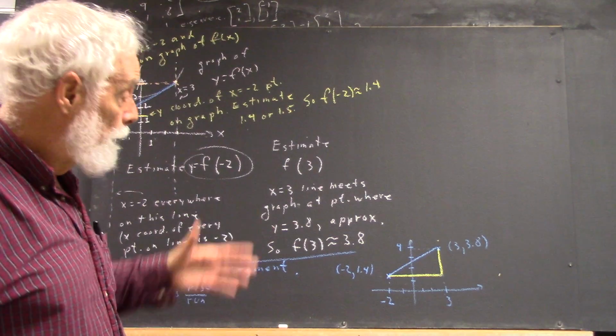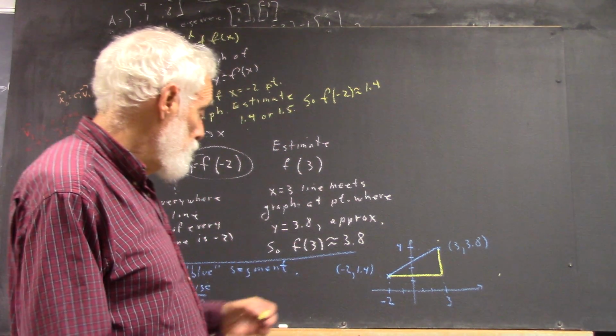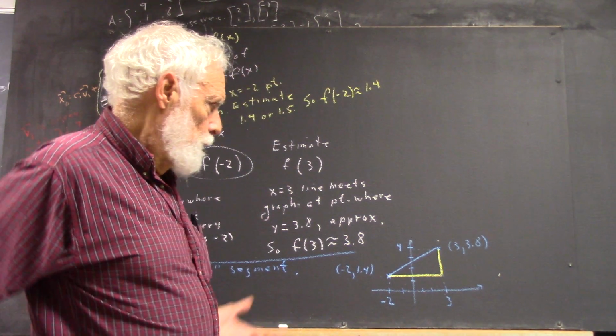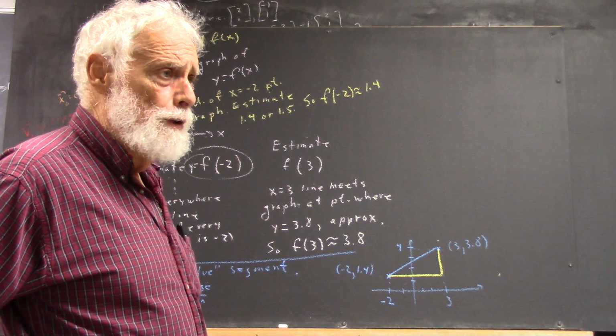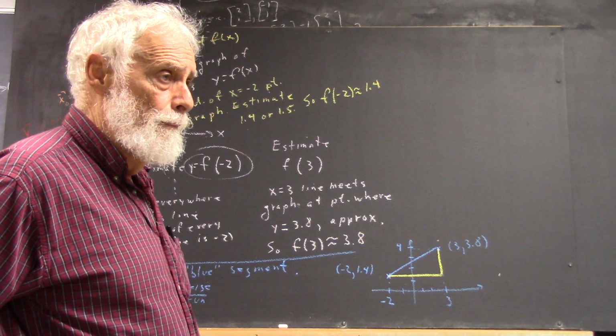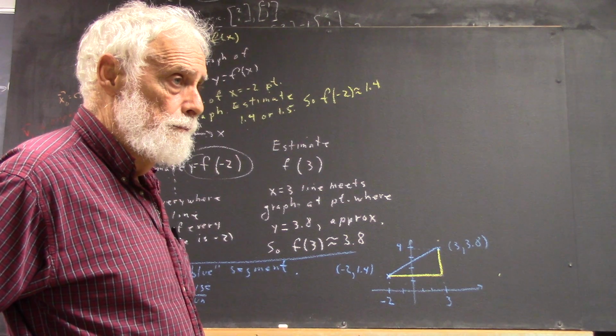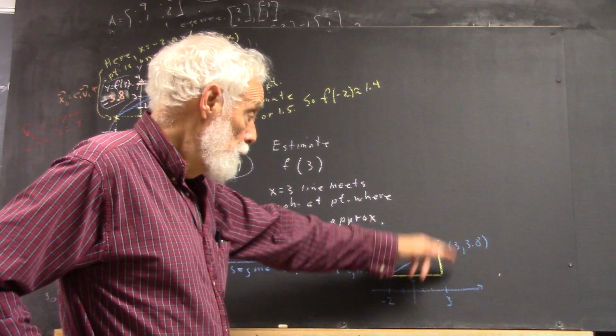And now I've got my triangle. So my question is, which leg of that triangle corresponds to the run and which corresponds to the rise? The bottom half is the run. Down is the rise. So there's your run, there's your rise.